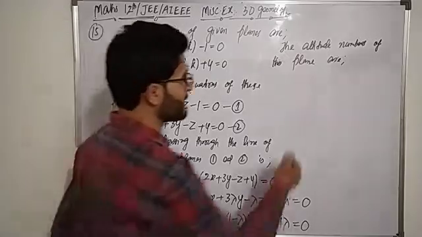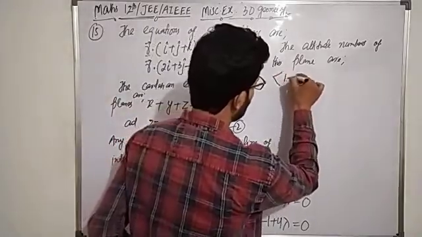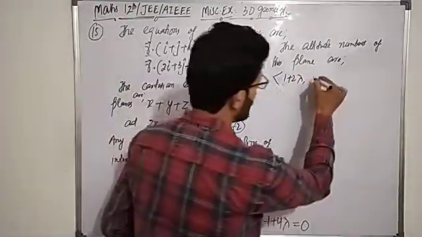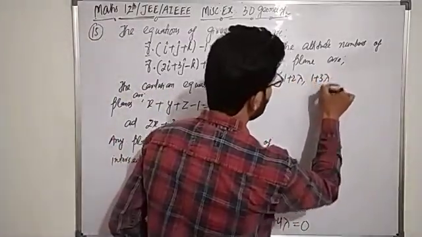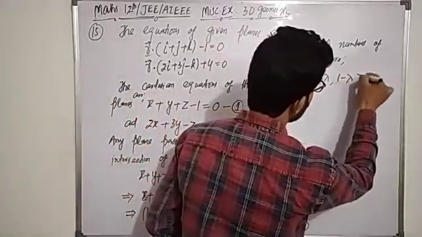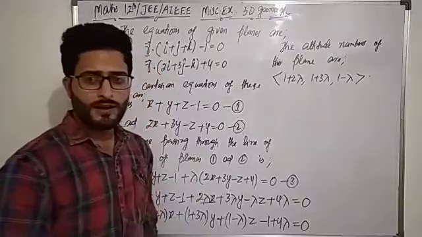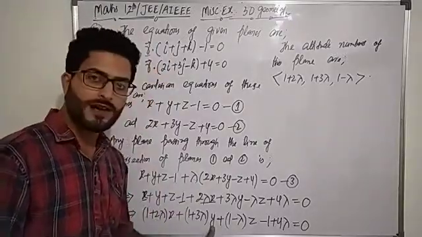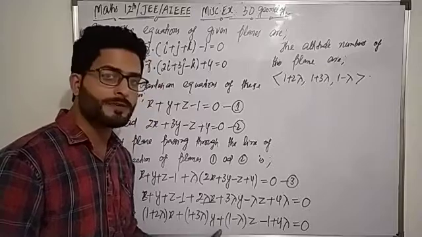Ordered 3 tuple of 1 plus 2 lambda, 1 plus 3 lambda, and 1 minus lambda. So these are the direction ratios of normal to plane. These are attitude numbers of this plane.